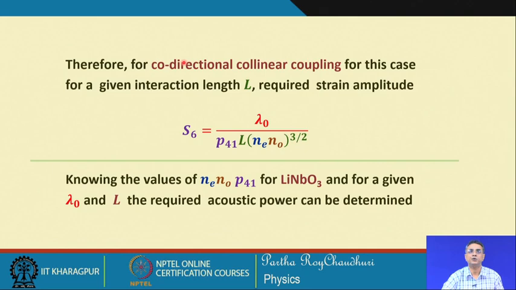So for a co-directional collinear coupling, for a given interaction length L and all other quantities known, for a given wavelength the required strain is this S6, that is the peak strain. This will define the peak strain, and that will give you a complete transfer of power. Knowing all these values, we can calculate the acoustic power that is required for this complete exchange of power, which is very interesting and very useful from the design point of view.